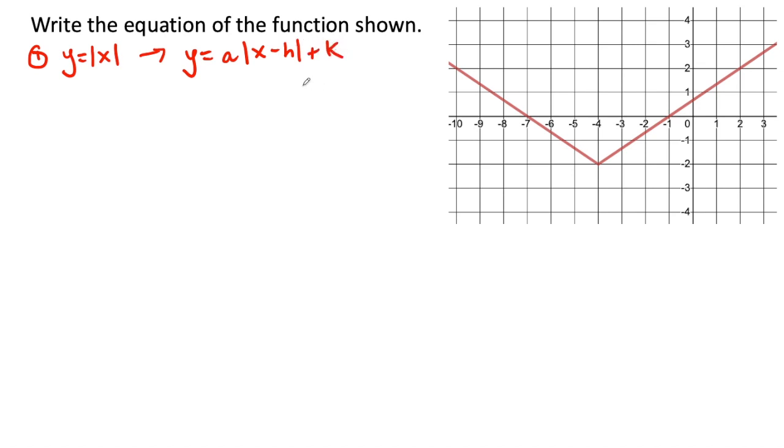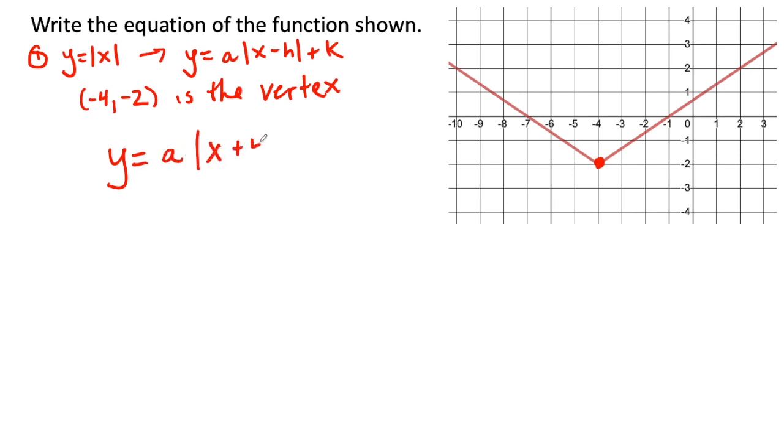I know my h and my k are going to come from the vertex here. My vertex is negative 4, negative 2. So right away I know my equation will be y equals a times the absolute value of x plus 4. Remember, it's minus a negative 4, then minus 2.